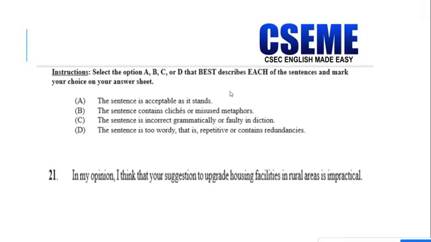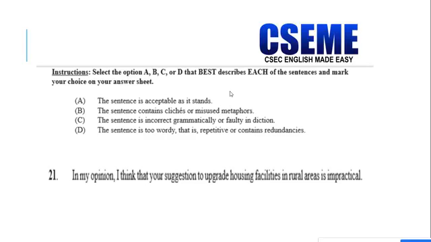So type it below. In my opinion, I think that your suggestion to upgrade housing facilities in rural areas is impractical. That's the sentence. So you're going to look at A: is it okay, is it acceptable, there are no errors?